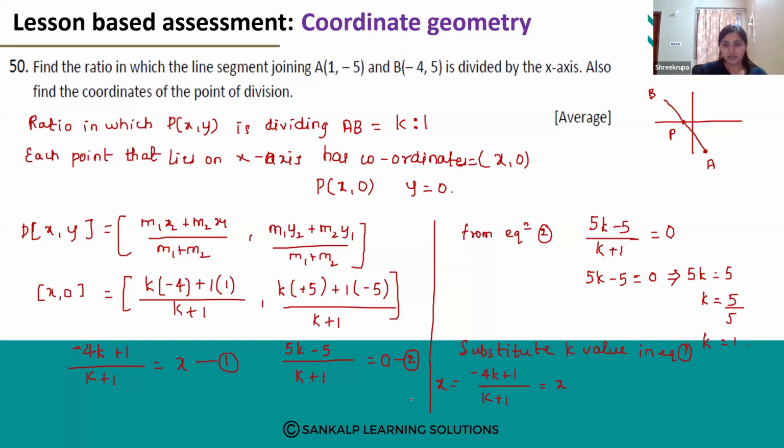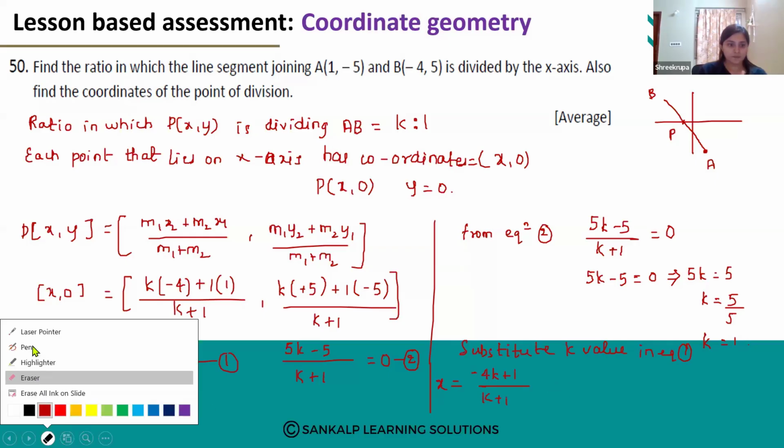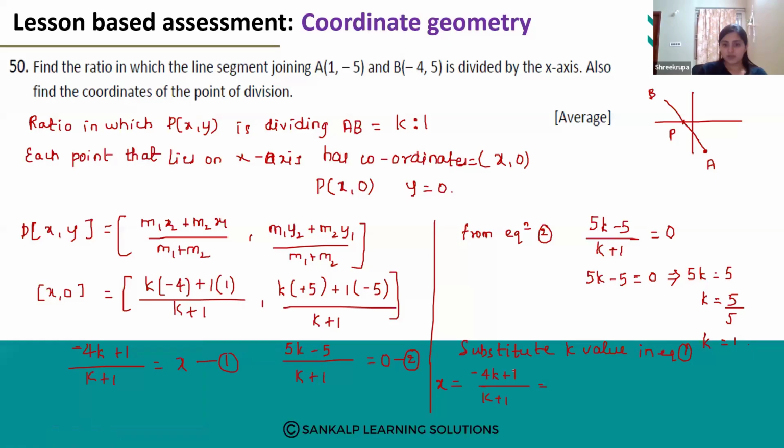So if we substitute the value, -4 into 1 plus 1 divided by 1 plus 1. -4 into 1 is -4 plus 1 divided by 2. -4 plus 1 is -3 by 2. So this is the value of x. x is equal to -3 by 2. And the k value is 1.